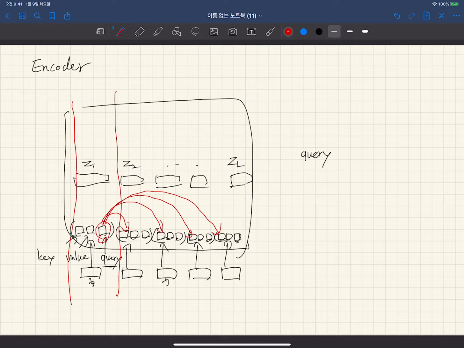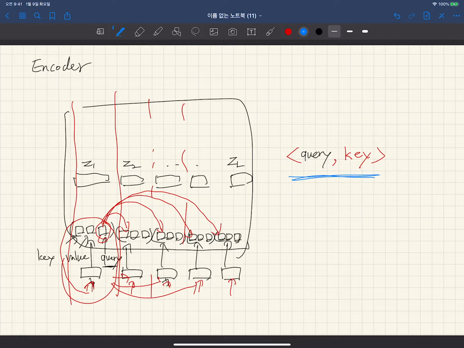Because each input has both query and key, each input can compute the inner product between the query vector and key vector to understand similarity or importance between this specific word and all the remaining words.